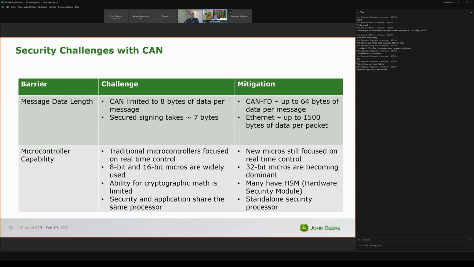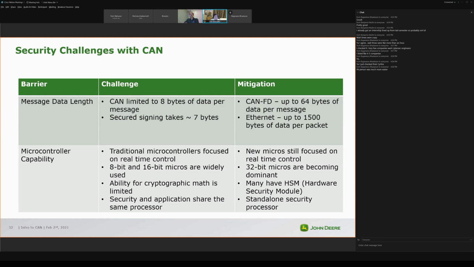The newer micros have what's called an HSM, or a hardware security module. It's a standard in the industry for real-time microcontrollers to be able to do cryptographic math in its own core, and oftentimes there's some hardware acceleration in there as well.